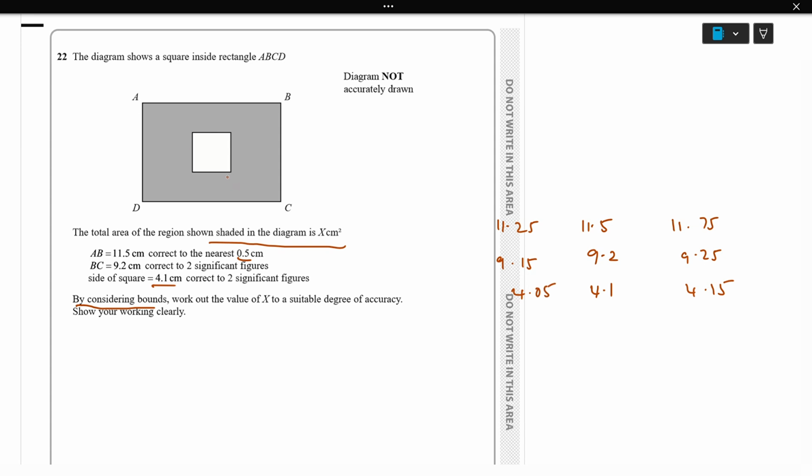Okay, so for the bounds, this is a subtraction. So first I'll do the upper bound and lower bound. First for the outside I'll take the upper bound, inside I'll take the lower bound.